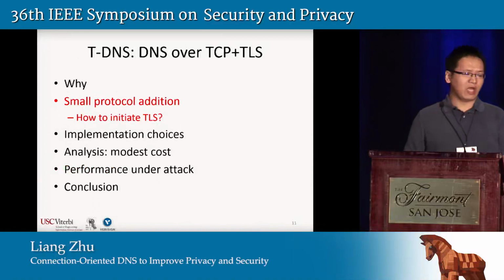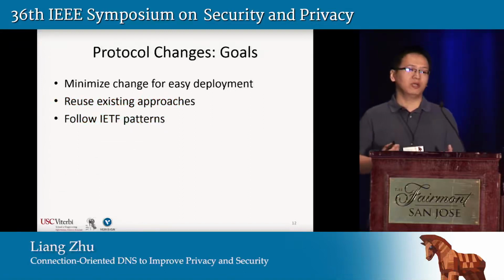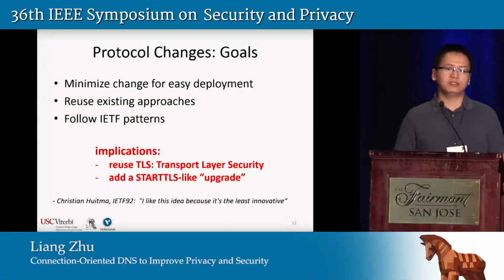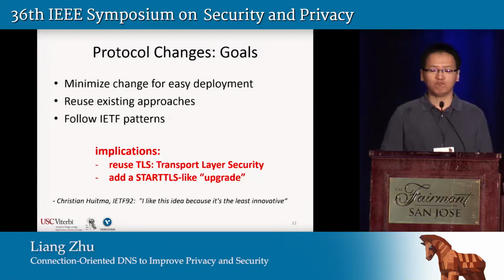To have privacy, we have to change the protocol. Our goal is to make as minimal a change as possible, so it can be deployed easily. The implication is to just use TLS and STARTTLS.